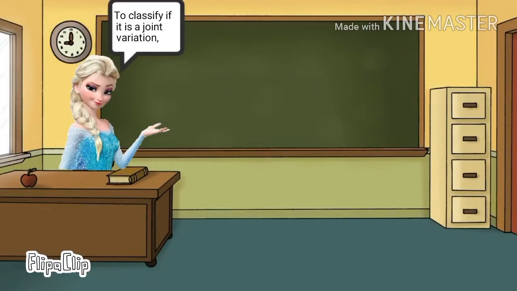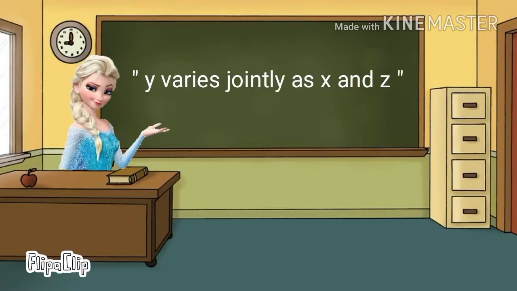To classify if it is a joint variation, we should familiarize this line: y varies jointly as x and z.